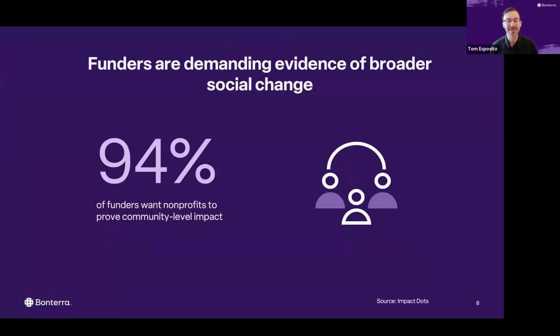As we think about that, one of the main challenges we are all facing is trying to get the right kind of information and evidence to our funders and to our supporters. We know that funders are demanding even more evidence of broader social change. We can see 94% are already expecting demonstrated community level outcomes.